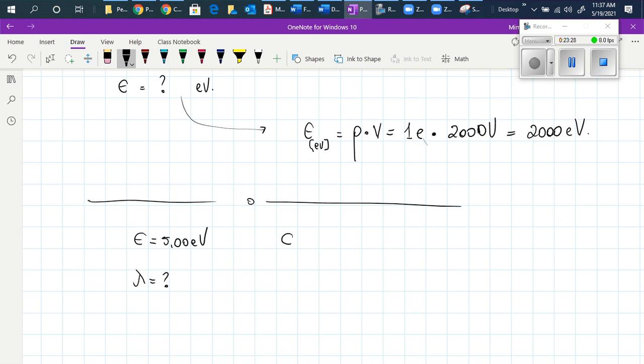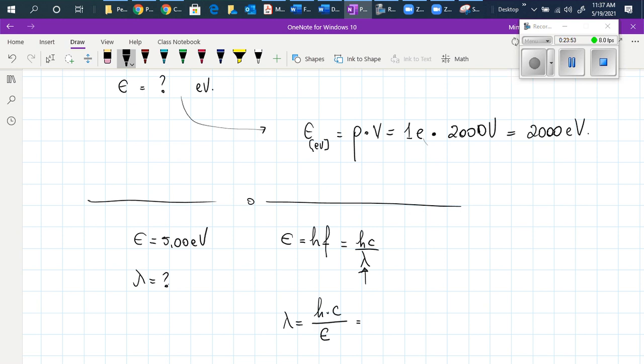Based on Planck's formula, we have E equals h times f, since we are dealing with 1 photon, or h times c over lambda. We are looking for lambda, so lambda will be h times c over the energy.